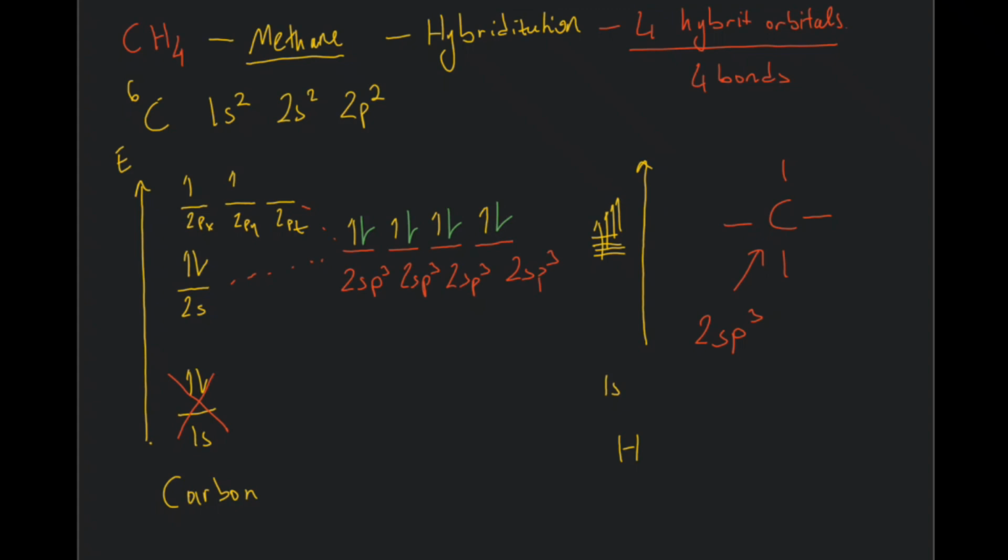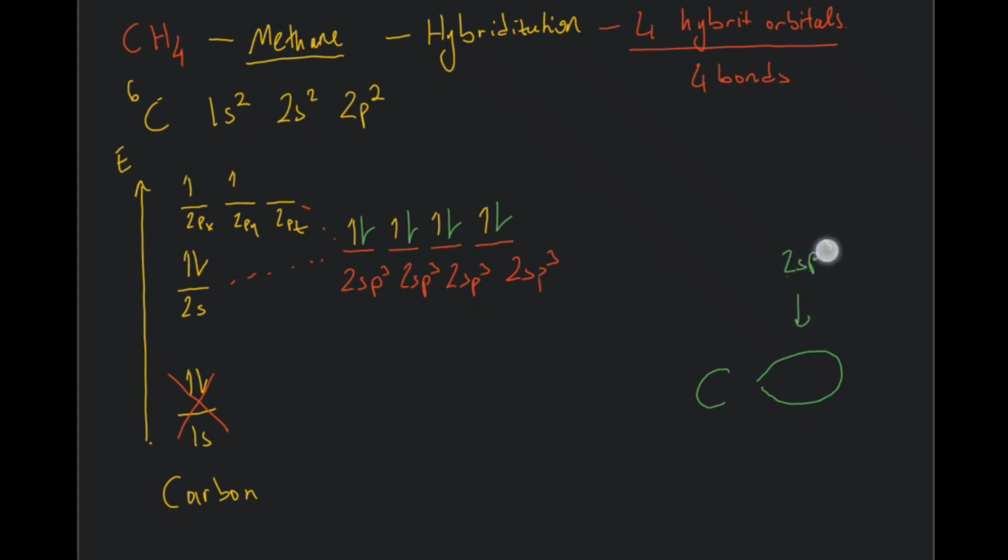If I want to draw the CH4 with the hybrid orbitals, I have a carbon atom, and this is one of the 2sp3 orbitals. Okay, I just want to draw the one face.